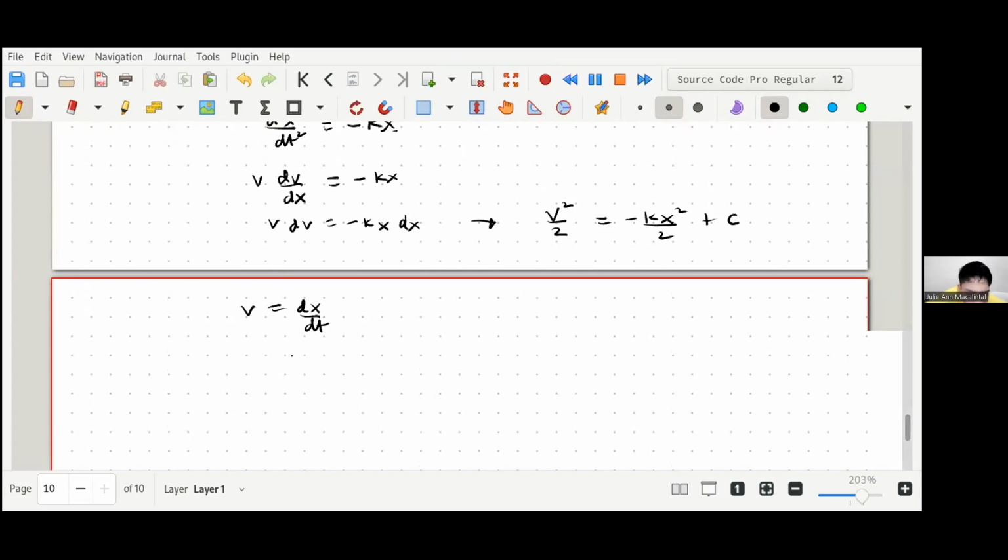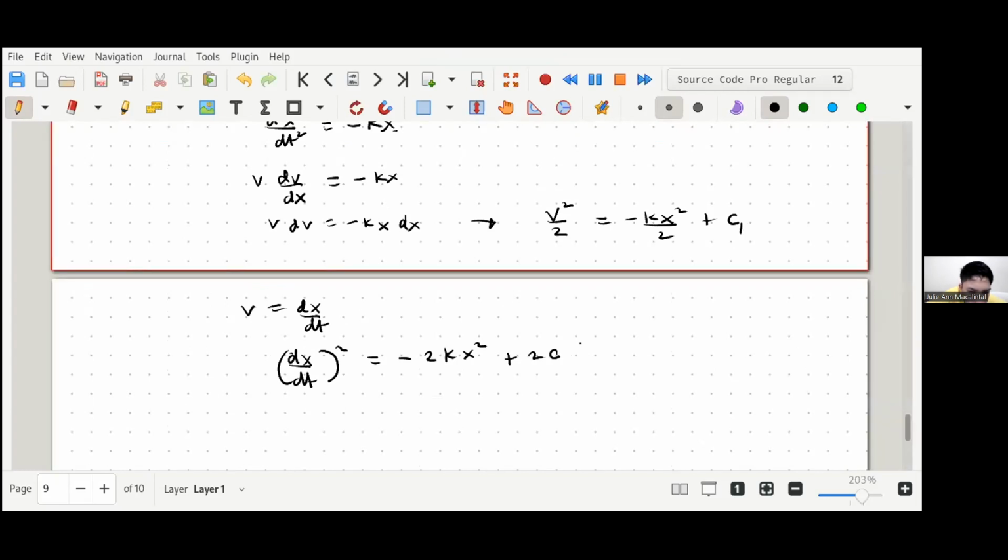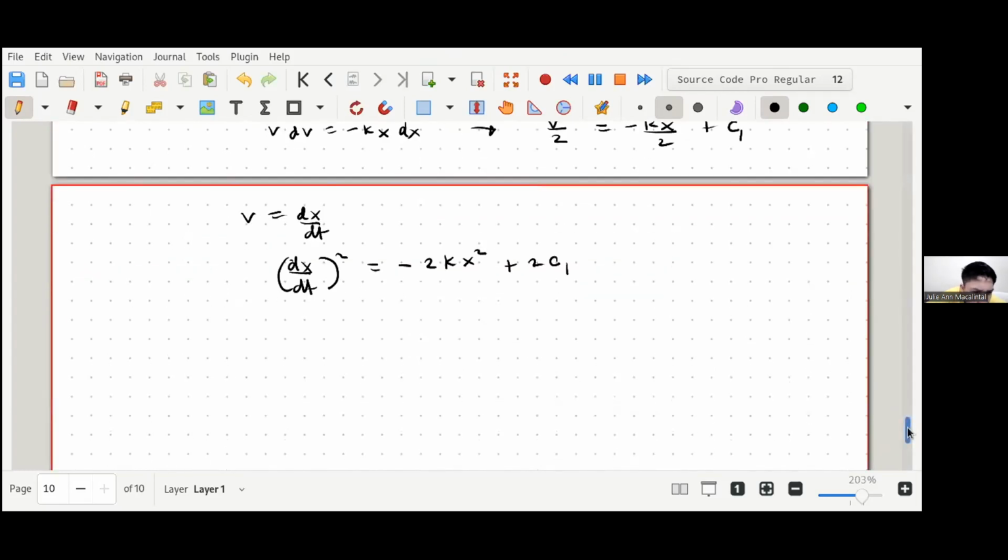So, makukuha natin na dx dt square is equal to minus kx square plus 2 times the arbitrary constant. So, kaya natin C1 na lang to. Or dx dt is equal to negative kx square plus c.